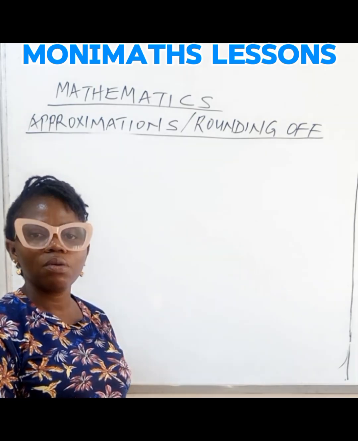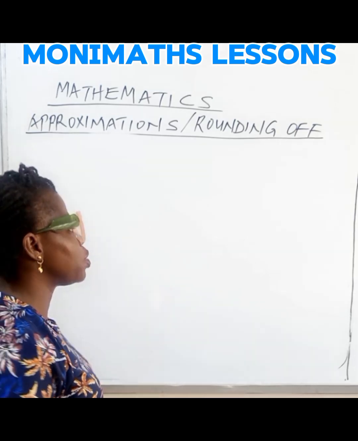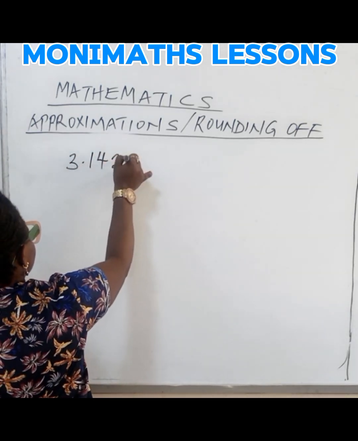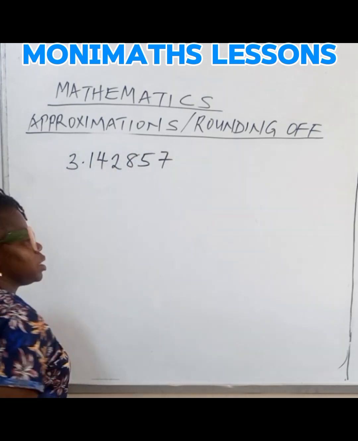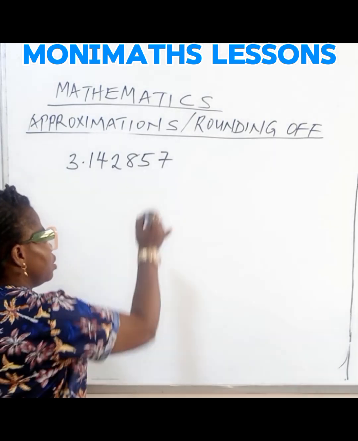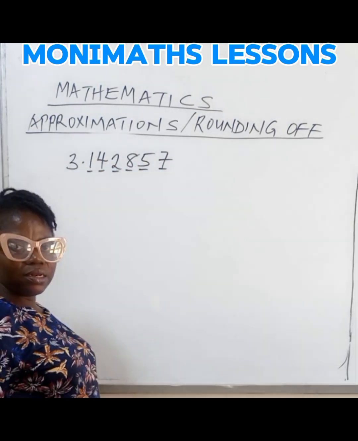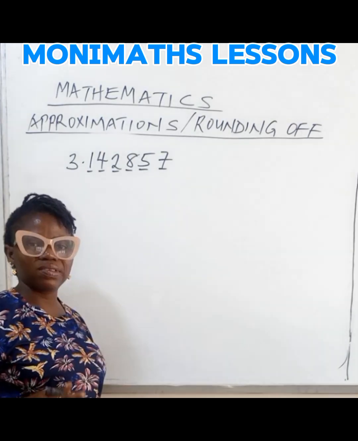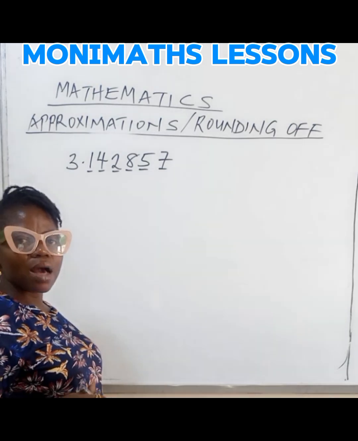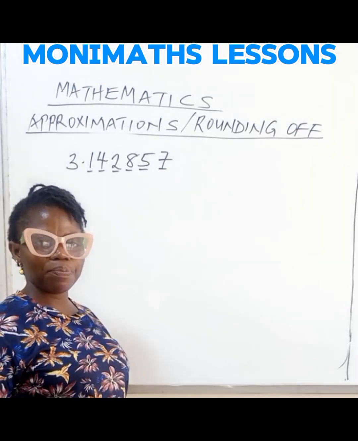For example, pi is 22 over 7, which is equal to 3.142857. To know the number of decimal places this is, we just count the number of digits after the decimal point. In this case, this is a number to 6 decimal places.